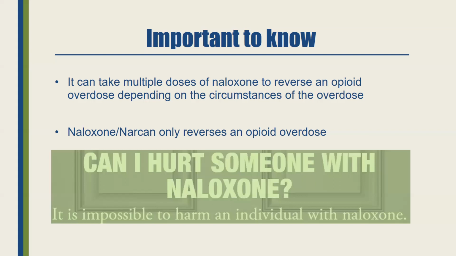But there's really no way for you to know that, right, unless you have that information in front of you at the moment. When in doubt, whenever someone is unresponsive and not breathing properly, we can use naloxone. If they're not experiencing an opioid overdose, naloxone just won't work on them, but it will have no negative side effects.